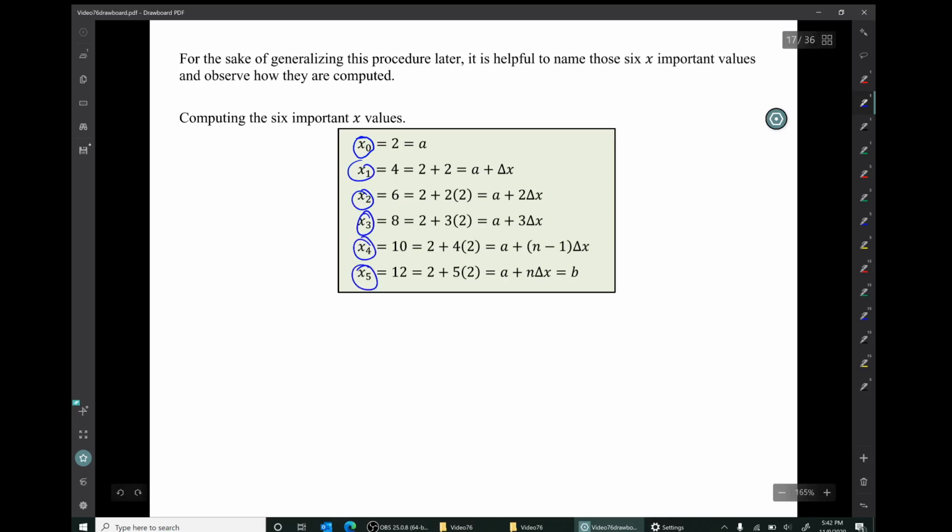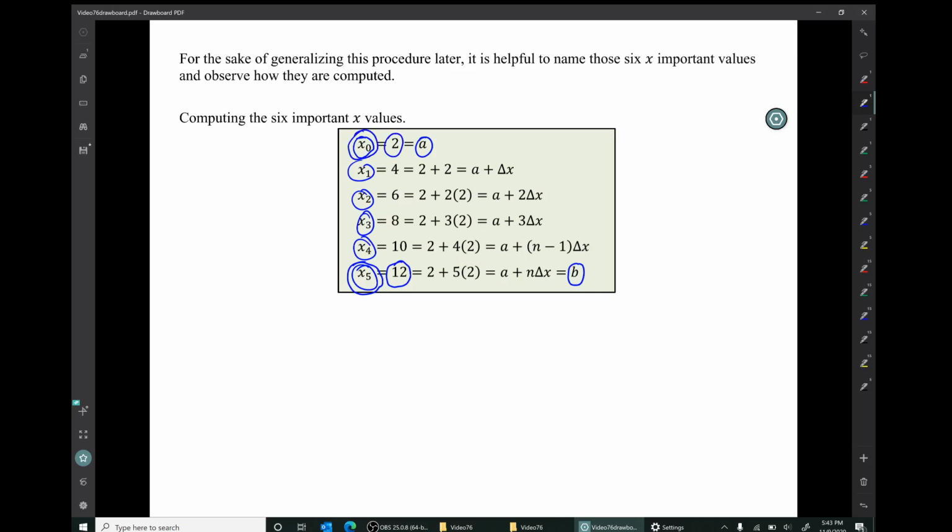So a total of 6 x values. And notice the rightmost endpoint of the interval is this number b, and it has the value 12, and it's denoted by the symbol x subscript 5. The leftmost endpoint, the number denoted by the symbol a, has value x equals 2, and it's denoted x subscript 0.